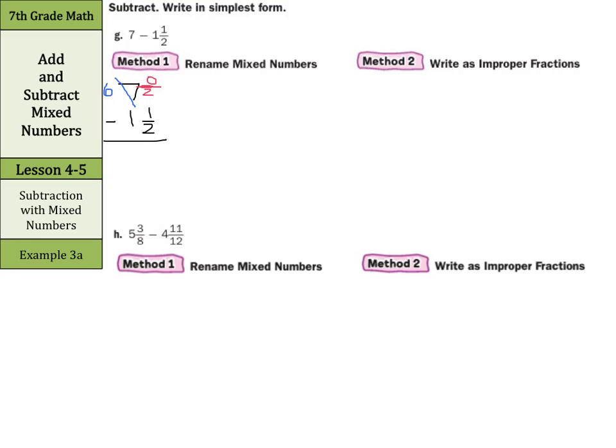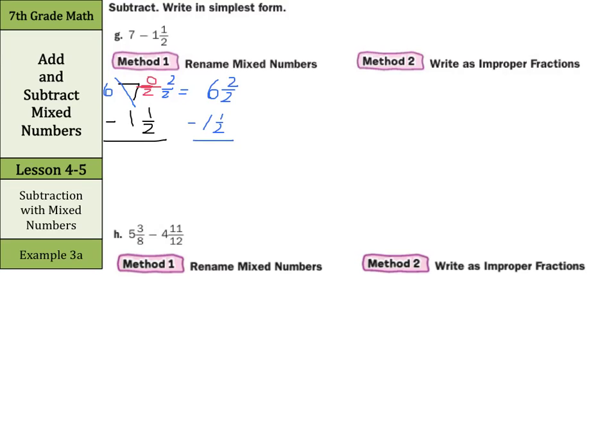Now, a whole unit is equivalent to 2 over 2 in this question. If you think about it, you take 1 away from the 7, well, that 1 is 2 halves. 2 halves is the same thing as 1. So as I rename this fraction, this becomes 6 and 2 over 2 minus 1 and 1/2.